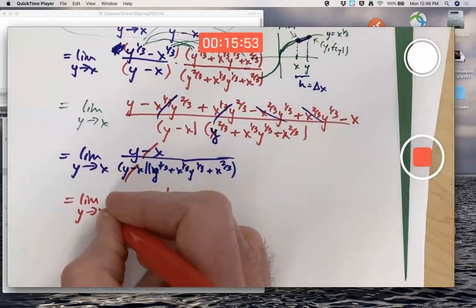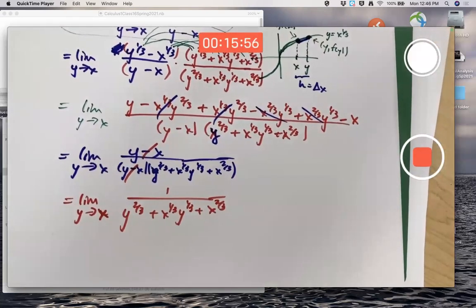Is this a continuous function of y? Think of x as fixed. Is that a continuous function of y? Well, as long as we don't divide by 0, right? Is it continuous when y equals x?